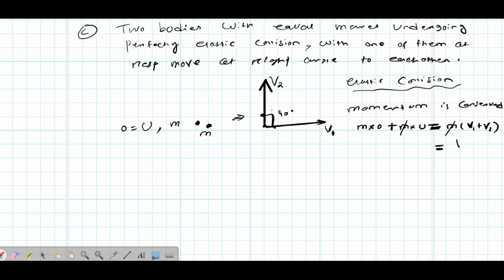So u equals v1 plus v2. This is equation 1, as momentum is conserved.